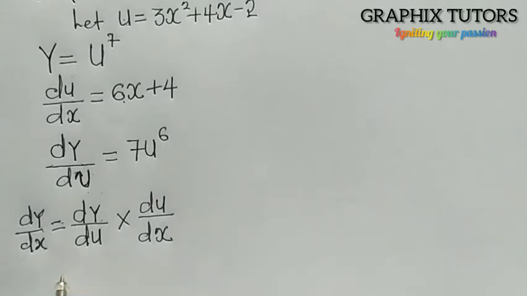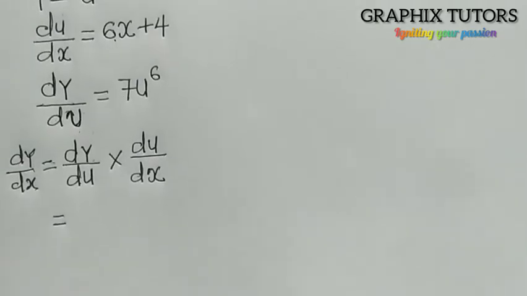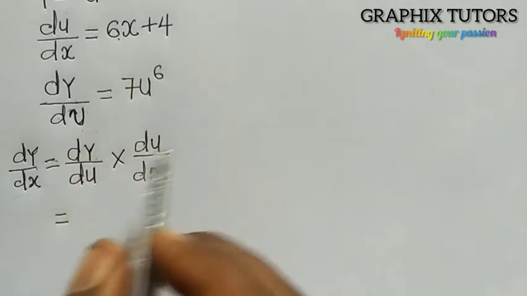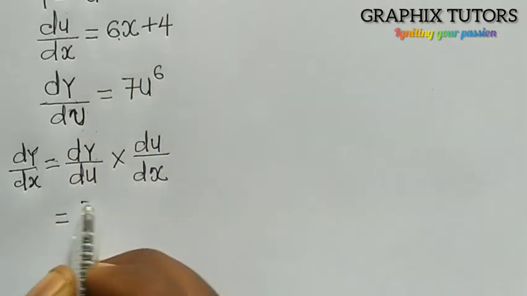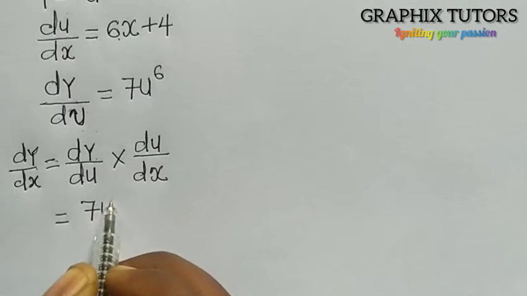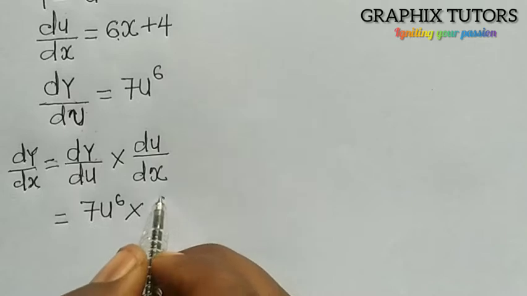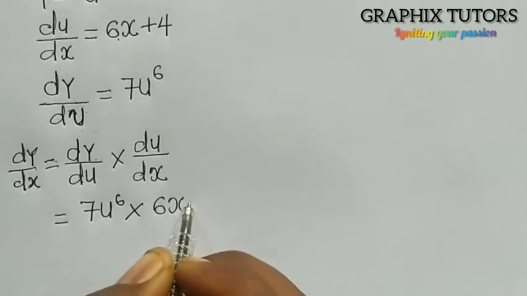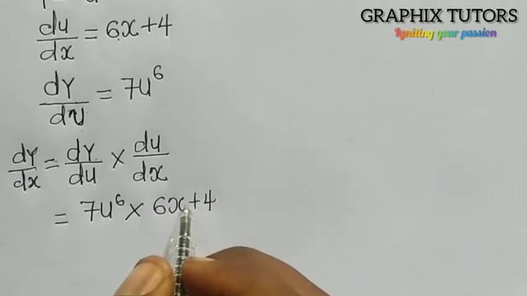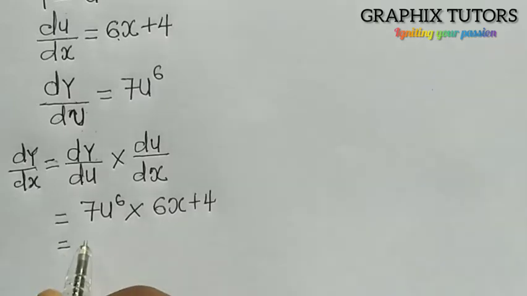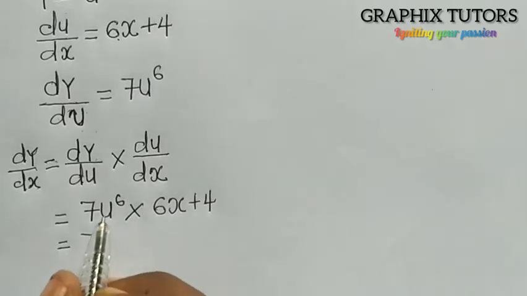Now what is my dy over dx? My dy over du will be 7u to the power 6, multiplied by my du over dx, which is 6x plus 4. Now we end by writing this as equal to 7 times, and what is the u I have?